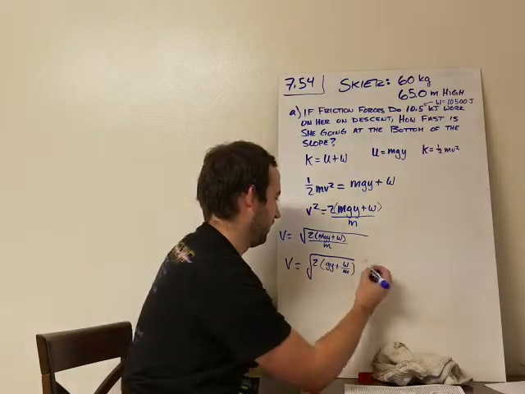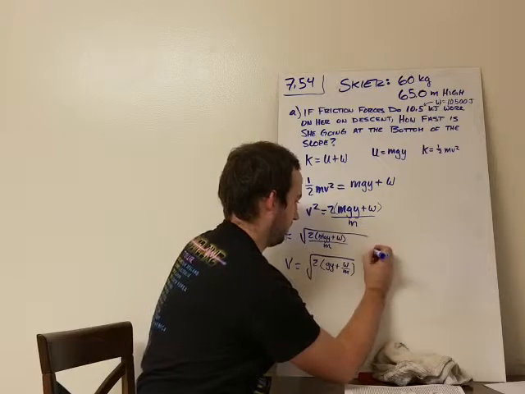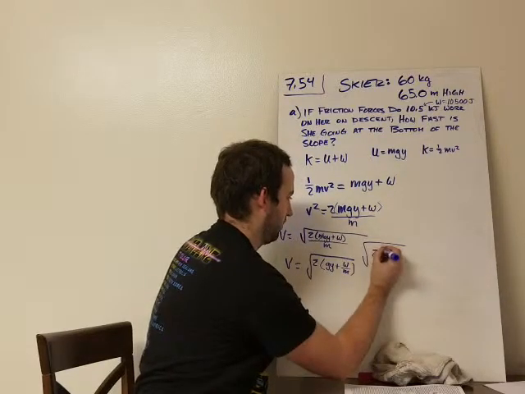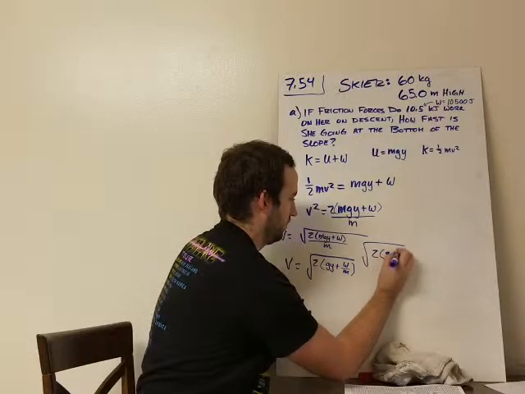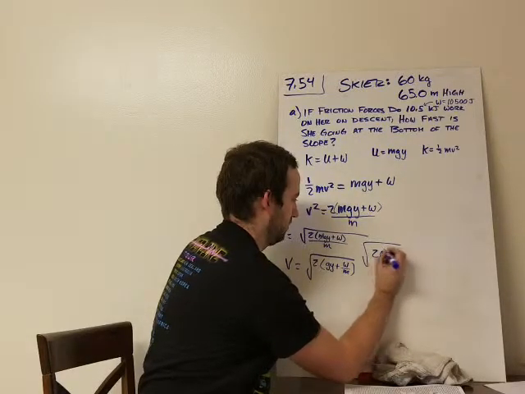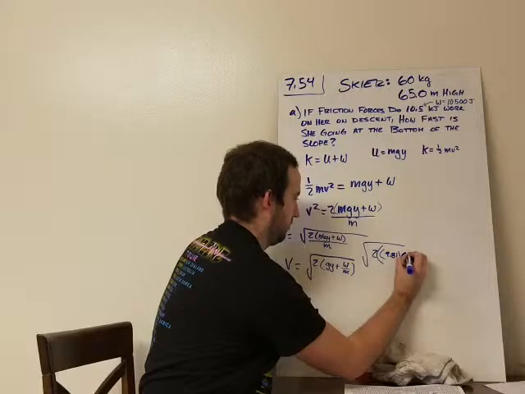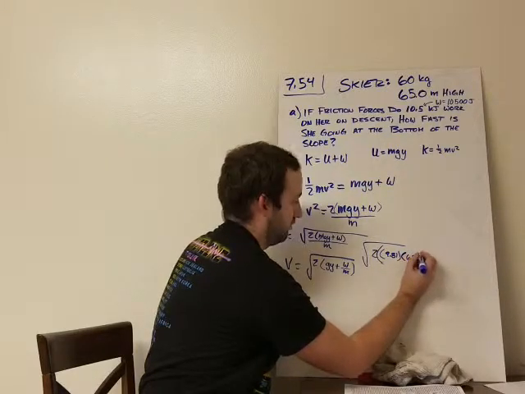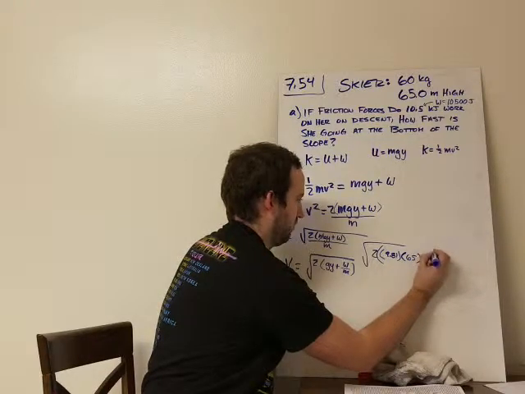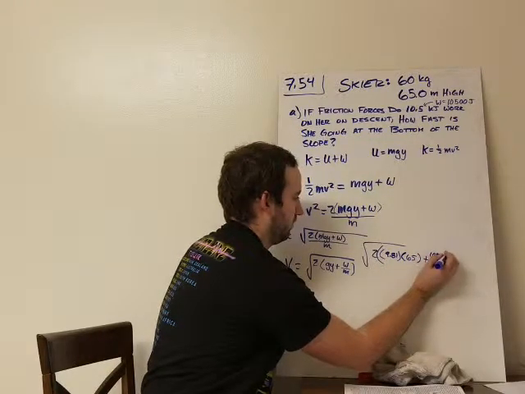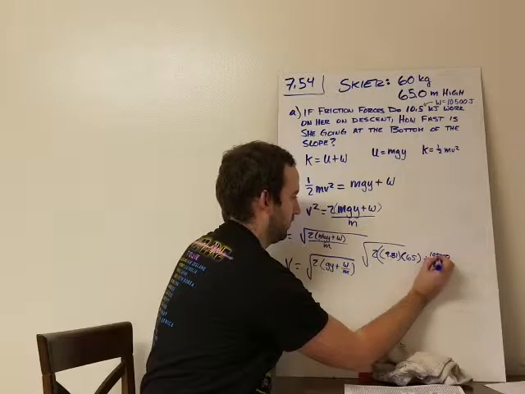So when we plug everything in, we get the square root of 2 times 9.81 times 65 plus 10.5 over 60.